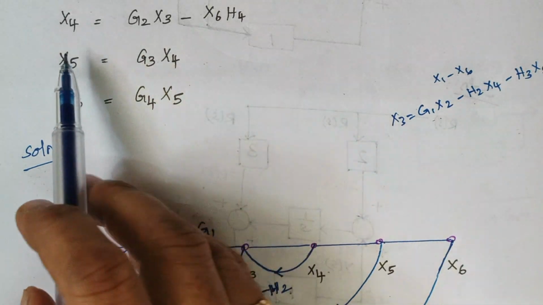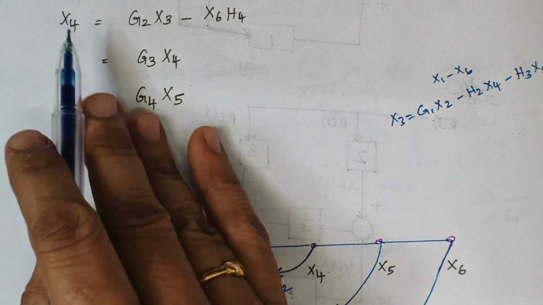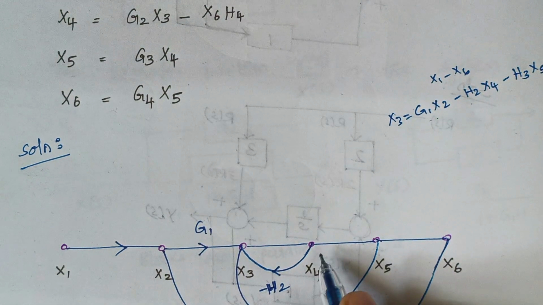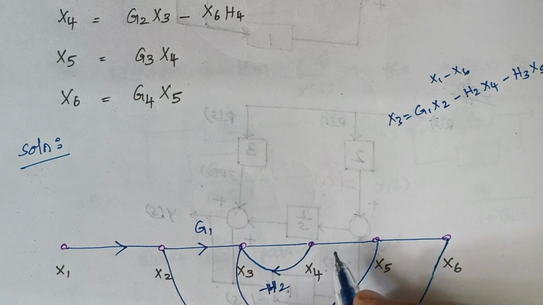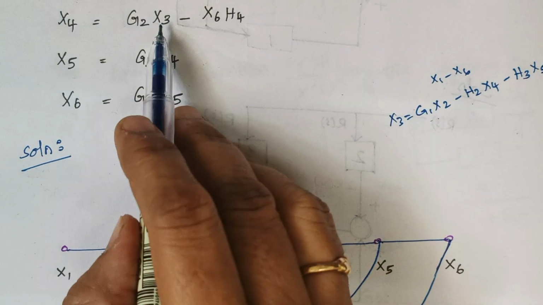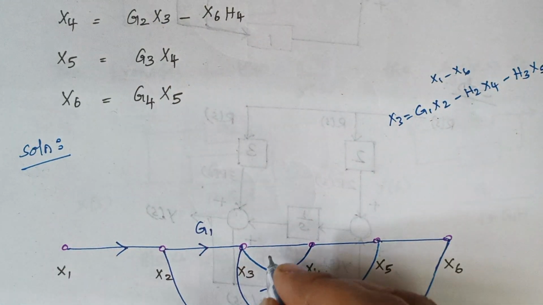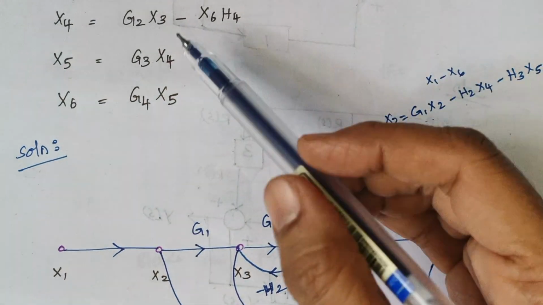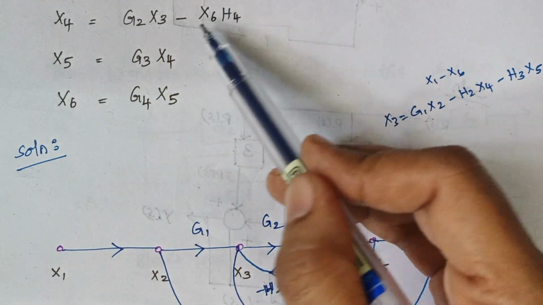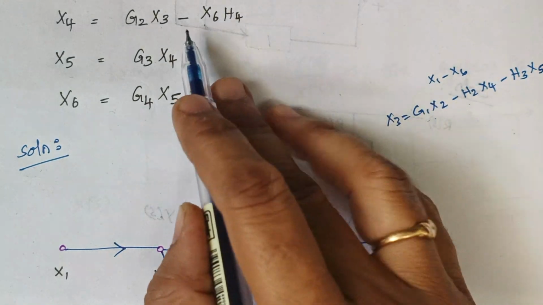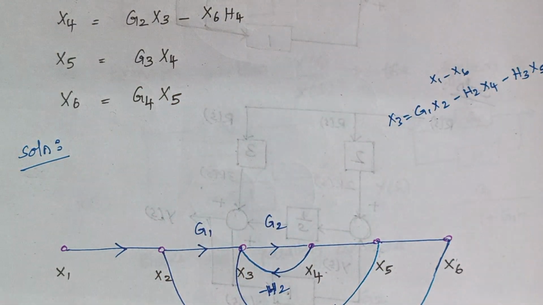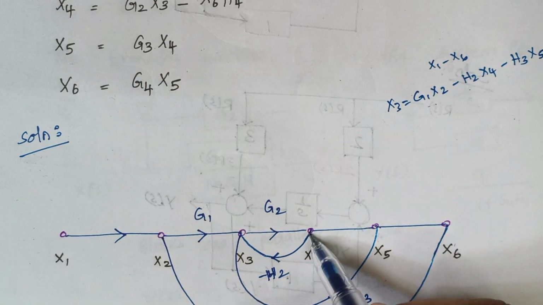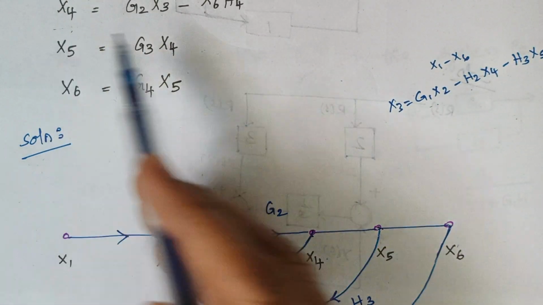Now again look at x4. So this x4 is given by g2 into x3. So here lies our x4, and from x3 it gets multiplied with g2. So here I am writing g2. Then the next thing is from x6 there is a minus h4. So this is your x6 and this is your x4. Now we are framing the expression for x4.